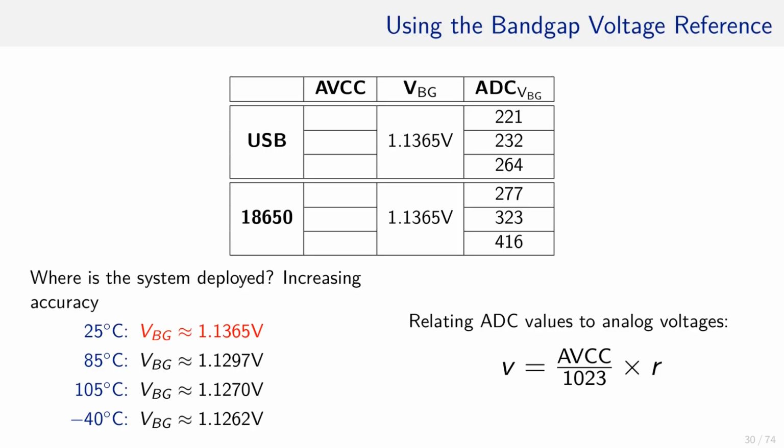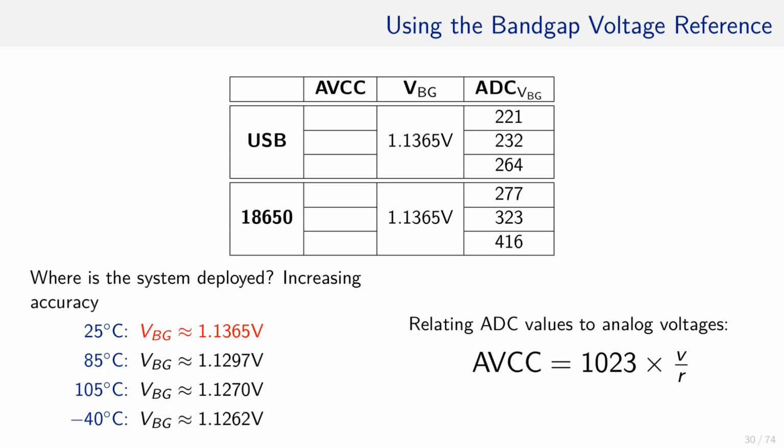Multiple times, we also read the measurements from the ADC. They are in the table at the top. So what is unknown here in this formula? Could it be AVCC? Let's see the impact of this hypothesis. I solved the formula for the unknown variable AVCC.